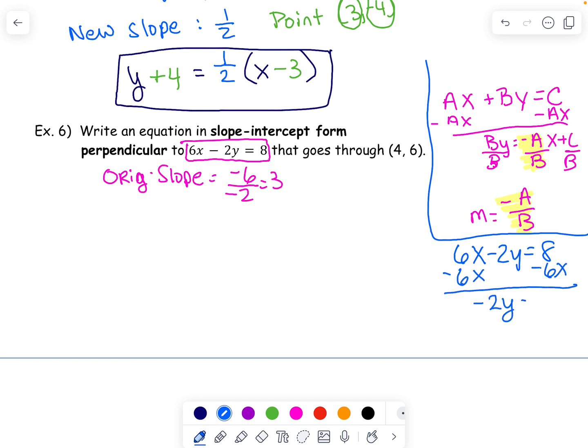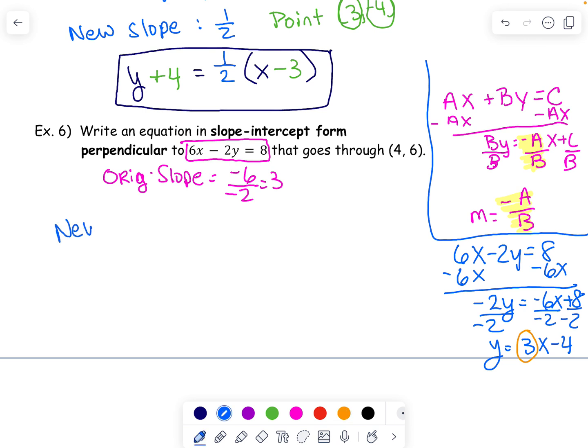You can see how we're just doing the same thing that we just talked about, and dividing by -2. So y is equal to 3x minus 4. So you can see we would get the same exact slope. So it doesn't matter which one you want to do. If it's hard to remember another thing, then don't remember another thing. So there's our original slope.